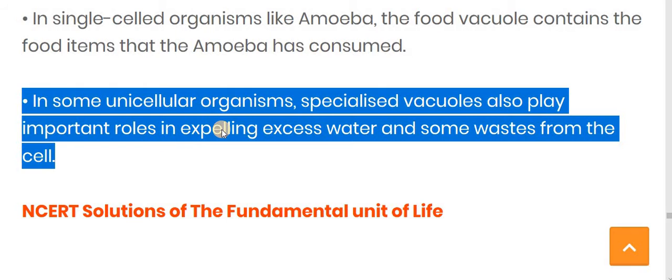It helps to expel the excess water and some waste from the cell. It helps to maintain the water level inside the cell, as well as whatever waste is produced in the cell, that waste is also expelled from the body. So in unicellular organisms, specialized vacuoles also play an important role in expelling excess water and some of the waste from the cell.